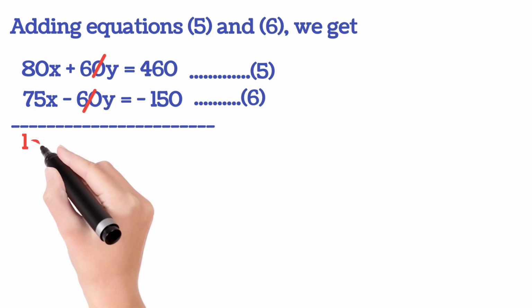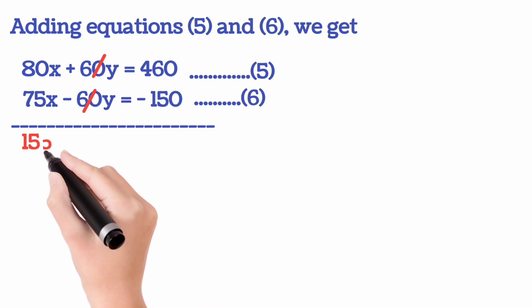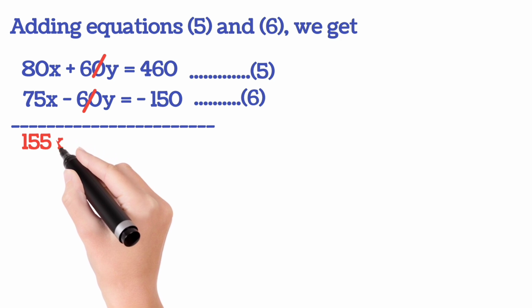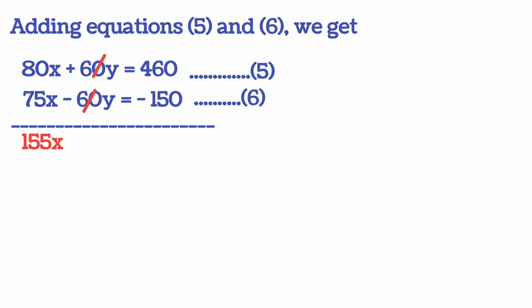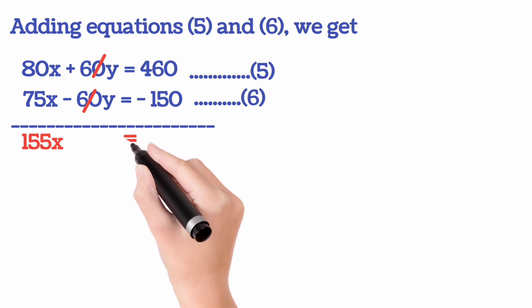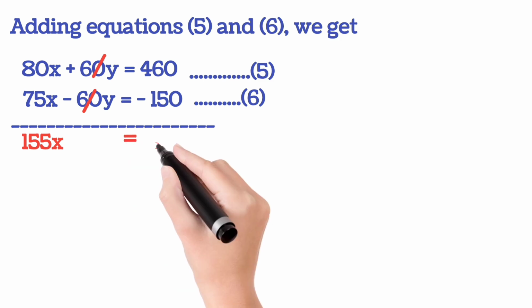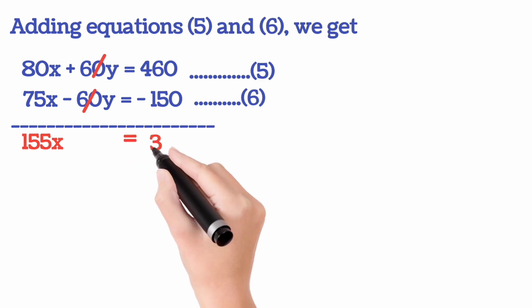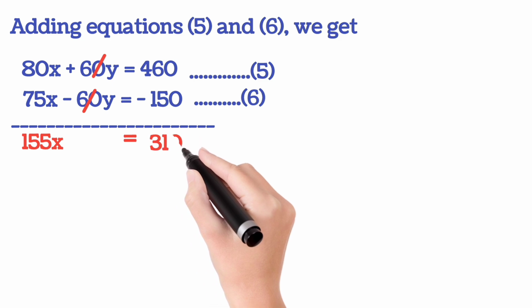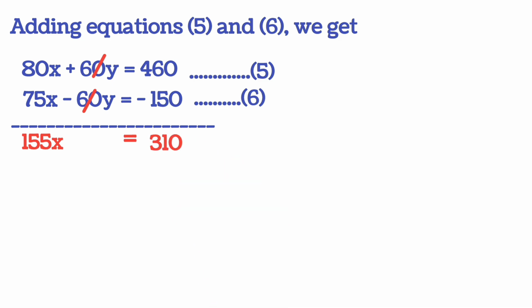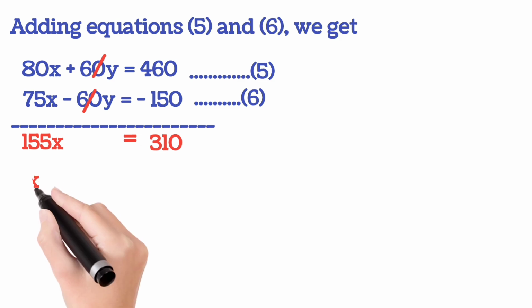We will do the addition. So 80 plus 75 equals 155x, equals 460 minus 150. So what will you get? You will get 310. So from here you can easily find the value of x, right?